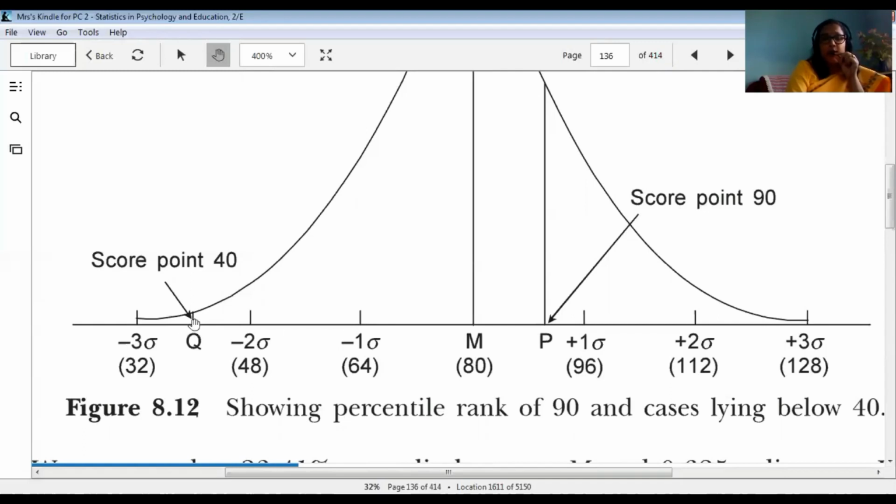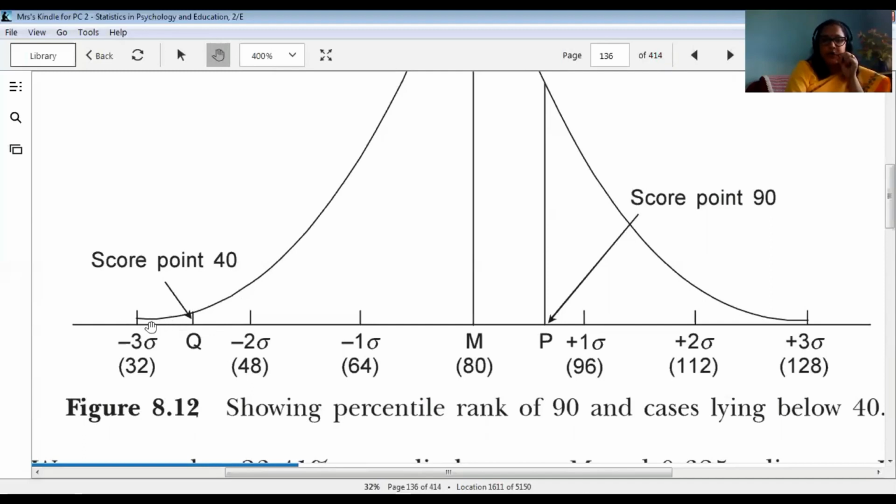It means we have 49.38% cases from minus 2.5 sigma to mean. Okay, so it is the portion of 49.38%. Now our work is to find out the number of individuals lying below the score point 40.